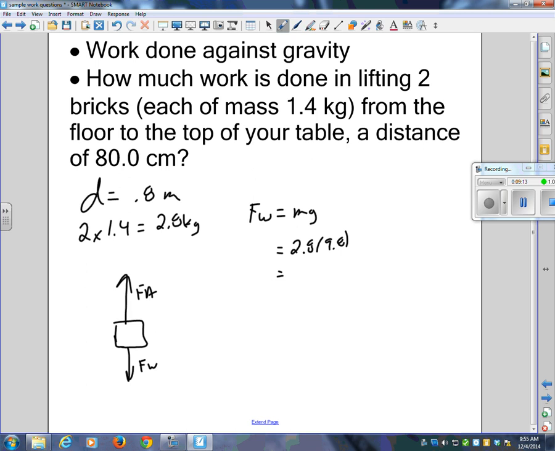That's 27.44. Work equals FW times d, times 0.8, which is 21.95. 21.95 what? Do you remember from yesterday? Joules. Joules of work, capital J.